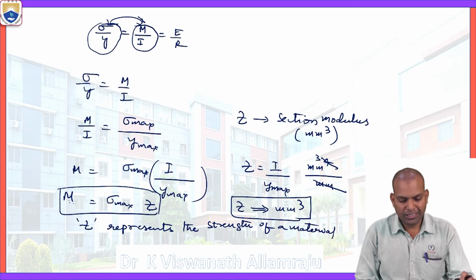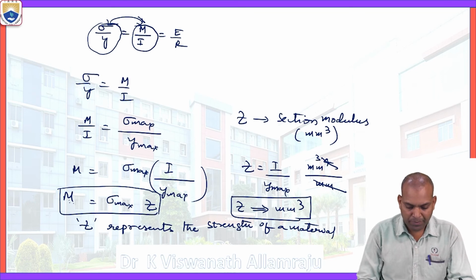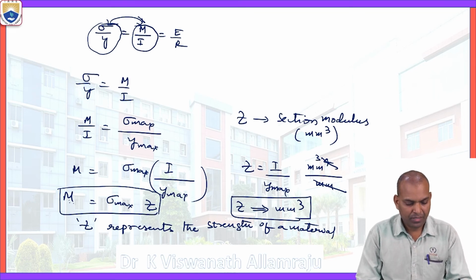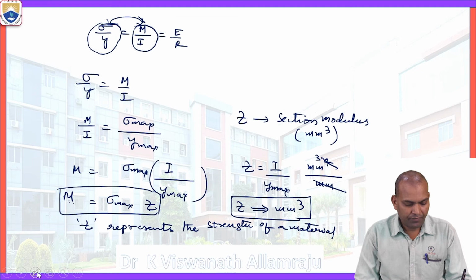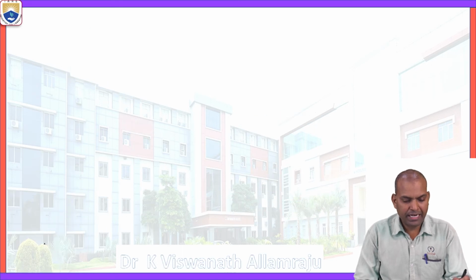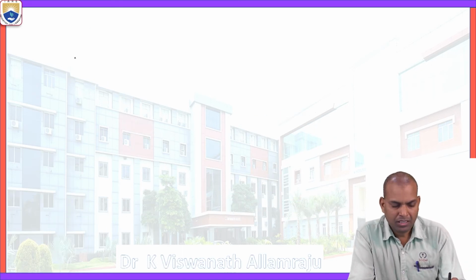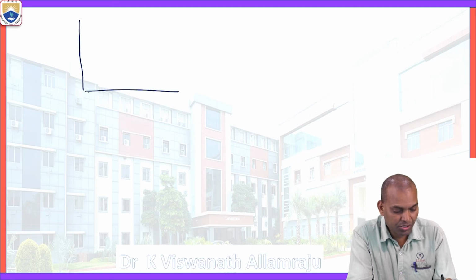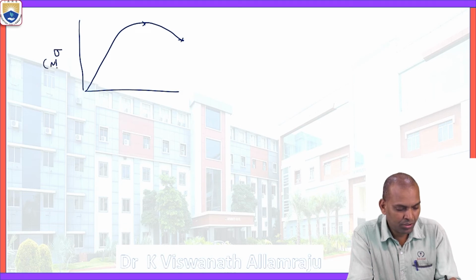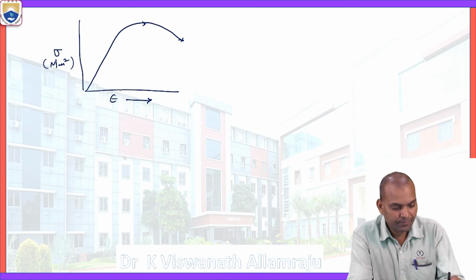So there is one more term. The strength of the material also is represented here in the stress strain diagram for ductile materials. The stress is in Newton per meter square and the strain is unitless.